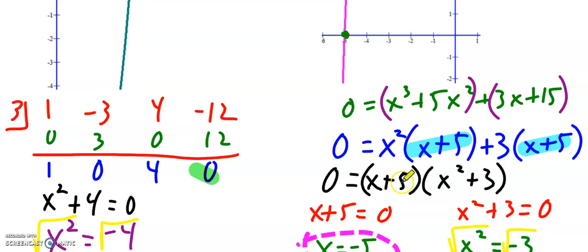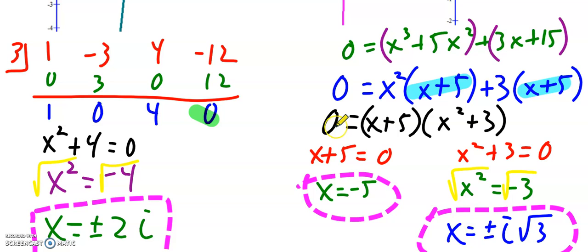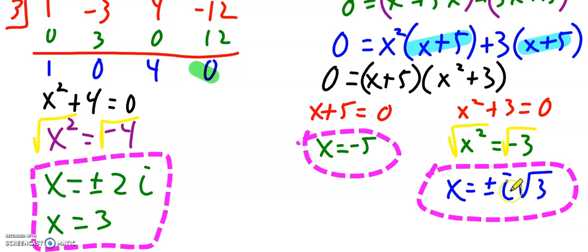So then I factor out the x plus 5, and I'm left over with x squared plus 3. Because this equals 0, I can set each of my factors equal to 0. I get x equals negative 5, and then here I get x squared equals negative 3, take the square root, and that's how I end up with x equals plus or minus i root 3. Or again, remember this is actually two separate answers. It is i root 3 and negative i root 3.